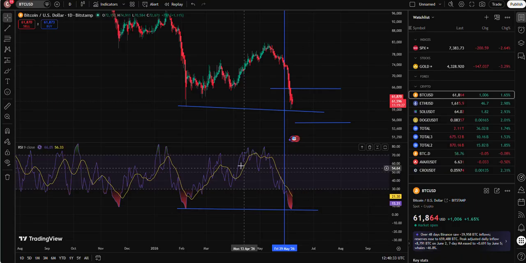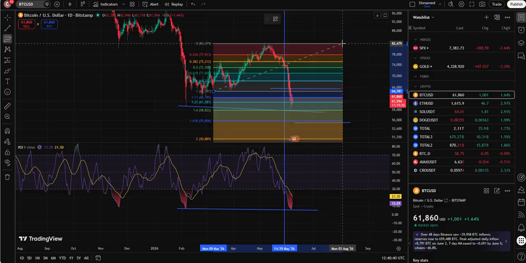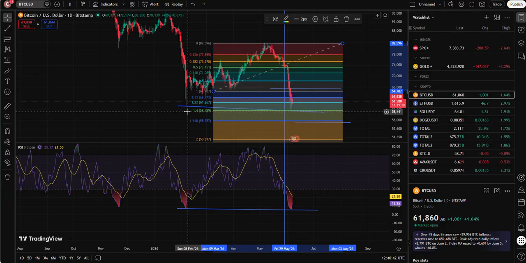And let's see after. If we take this Fibonacci from this point until this point, the Fibonacci is 1.414, and we have 55 and 1.618.